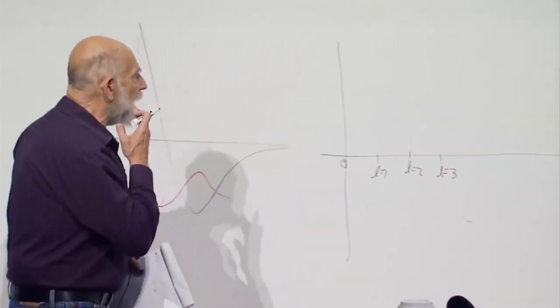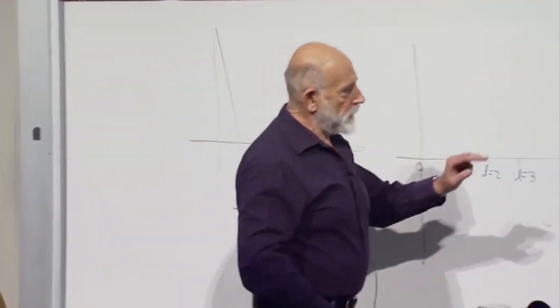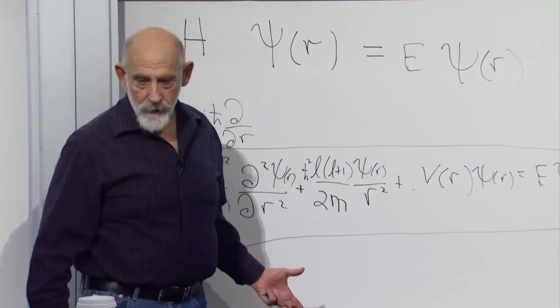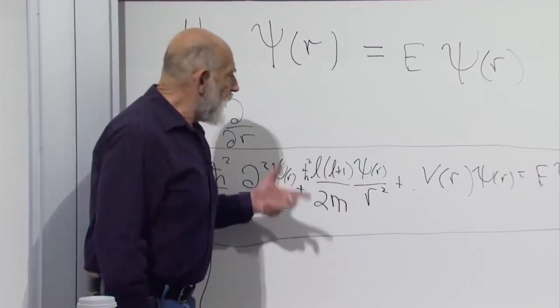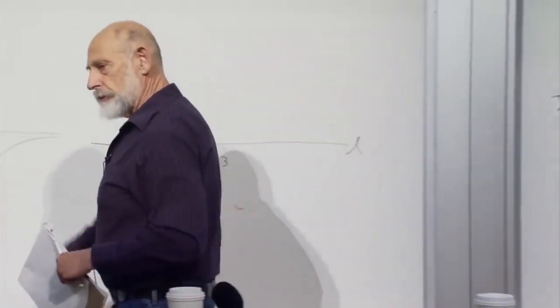Now, each one of these L's has its own Schrodinger equation. Remember, the Schrodinger equation involves L as a parameter. So each L may have several bound states, several solutions.